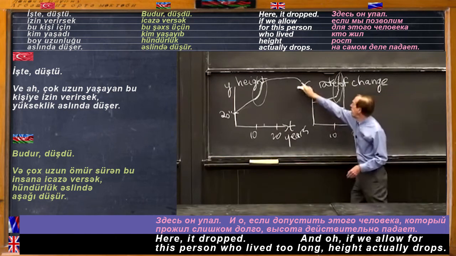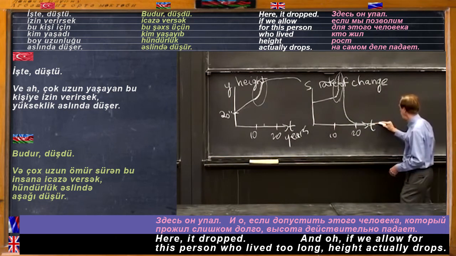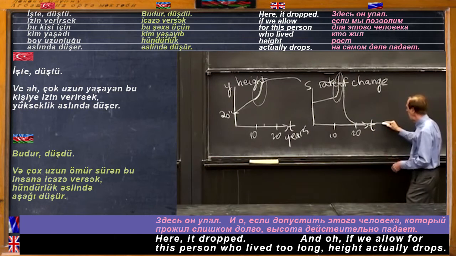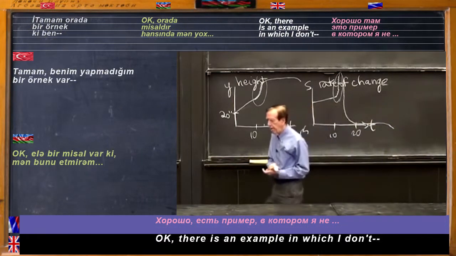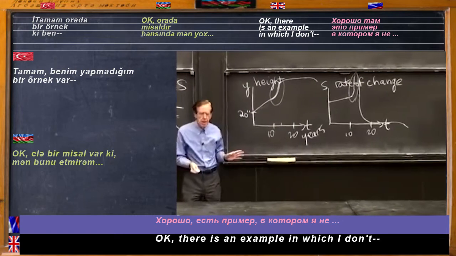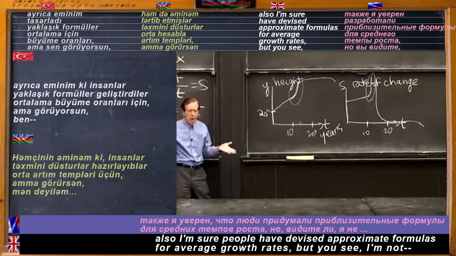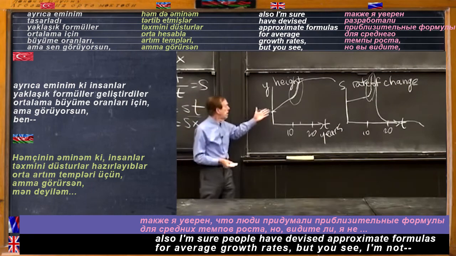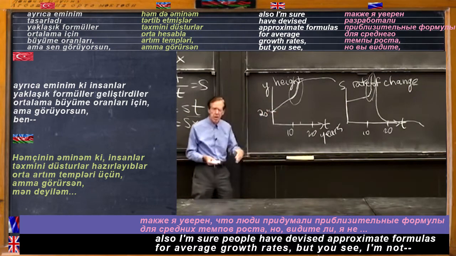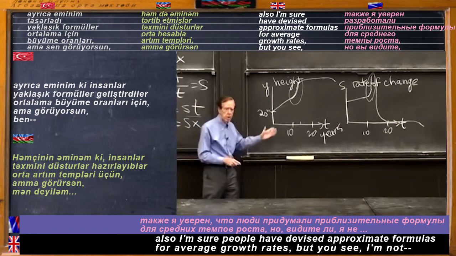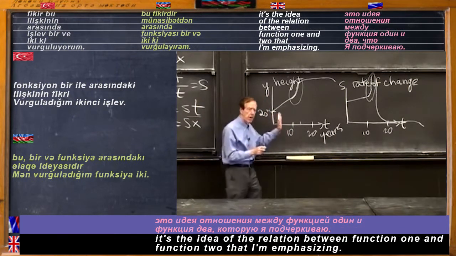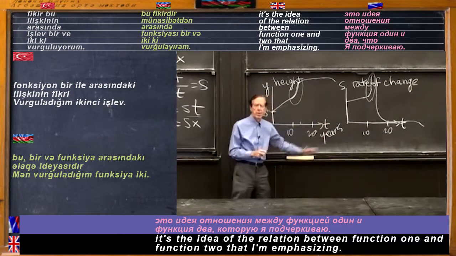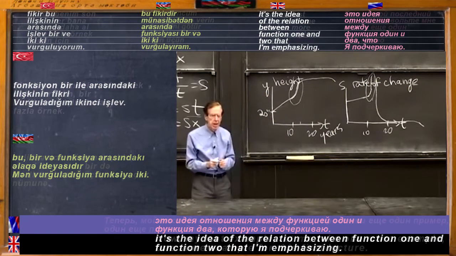And if we allow for this person who lived too long, height actually drops. I'm sure people have devised approximate formulas for average growth rates, but you see it's the idea of the relation between function 1 and function 2 that I'm emphasizing.